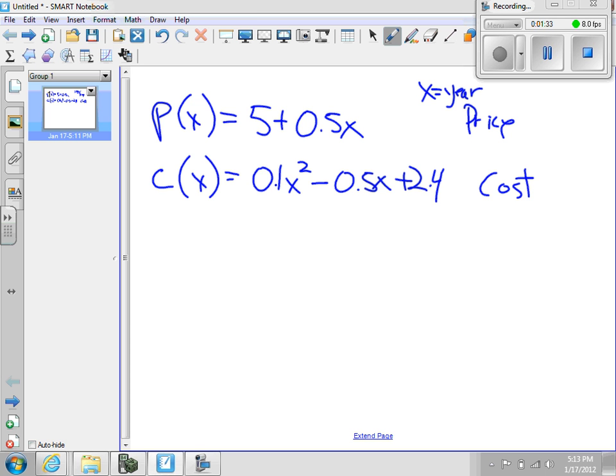So one of the things that they're asking me, I'm going to skip the last part of the data just for a second here. In section A is the total profit. And the total profit, so profit is equal to what you get, your price, minus your cost.